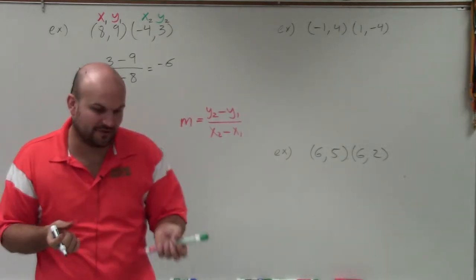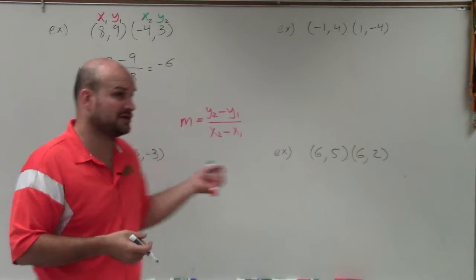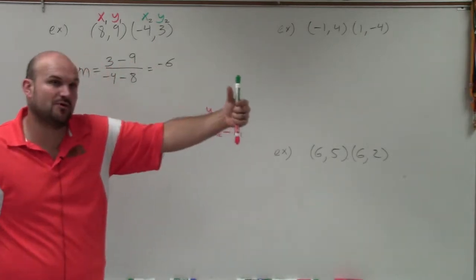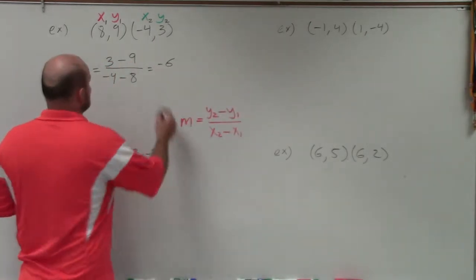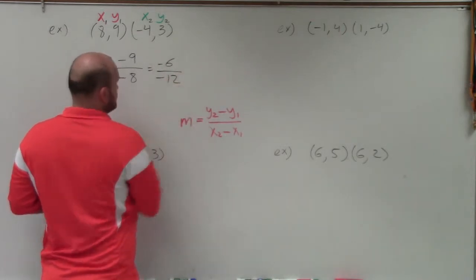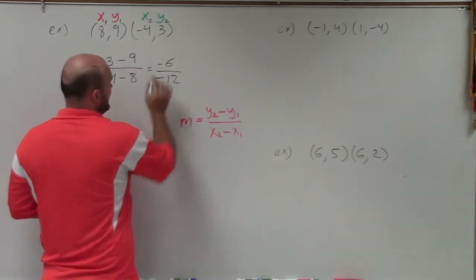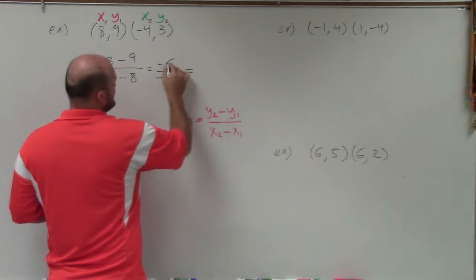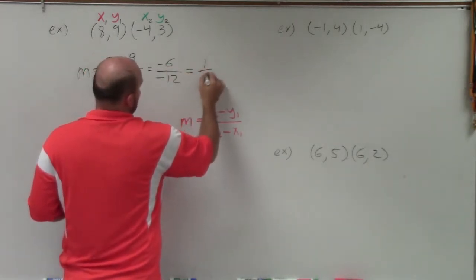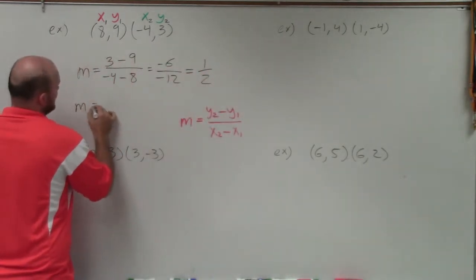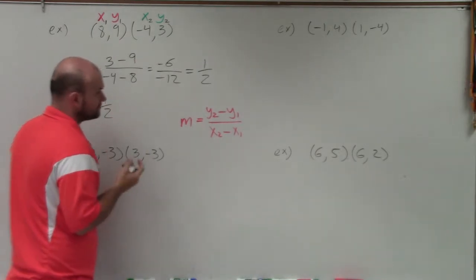Remember, if you owe me $4 and you borrow $8 more, you now owe me $12. So -12. Negative divided by negative is a positive. 6 divided by 12 can be reduced to a positive 1/2. So m equals 1/2.